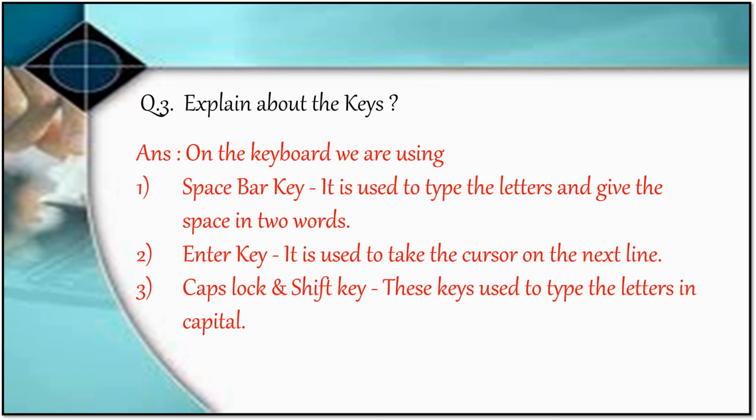The second one is the enter key. This key is used to take the cursor into the next line. And the last one is the caps lock or shift key. This key is used to type letters in capital. So these are the uses of these keys.